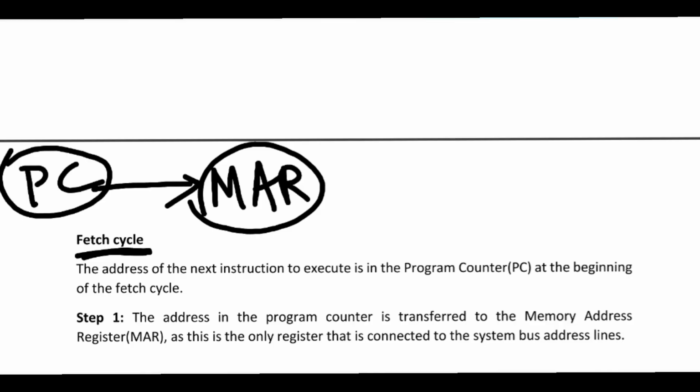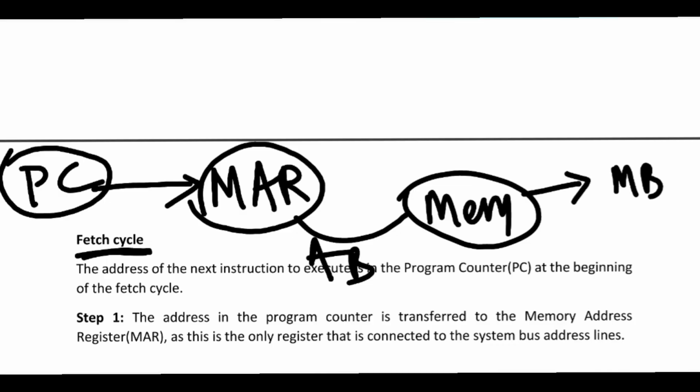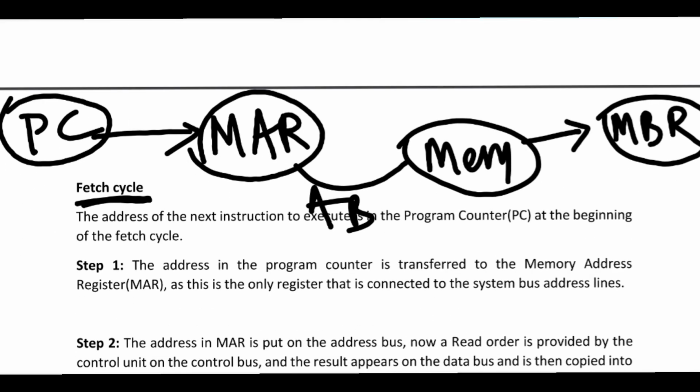I have discussed buses in some other videos, like data bus, address bus, and control bus. Then through the address bus it goes to memory. Then the data from memory comes to the memory buffer register through the data bus. This is the address bus, this is the data bus.